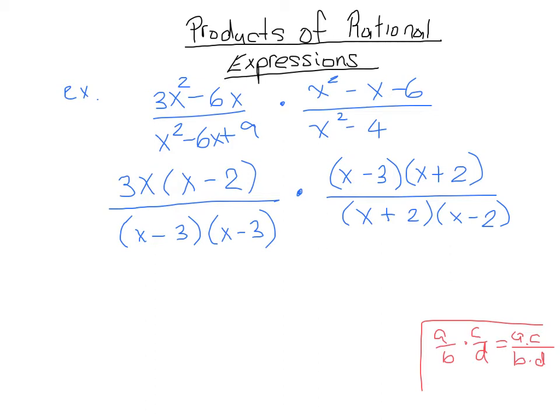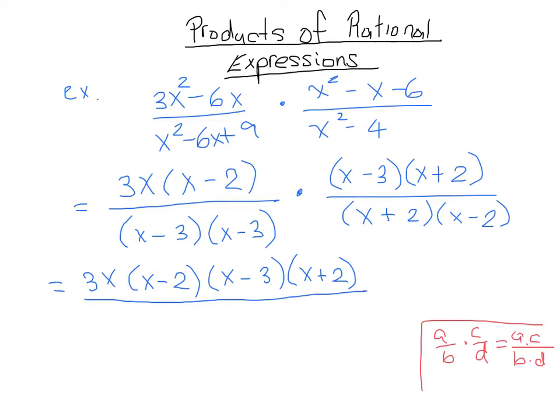So we get that this is equal to 3x times x minus 2, that was just what was on the left side, times x minus 3 times x plus 2, all over, and we have on the left side x minus 3, x minus 3, and on the right side x plus 2, x minus 2.